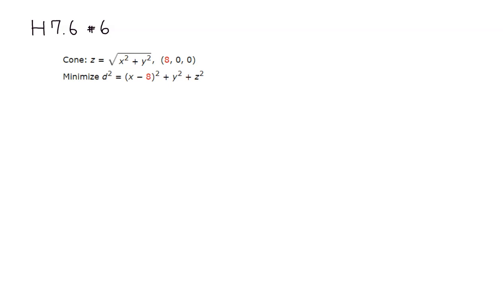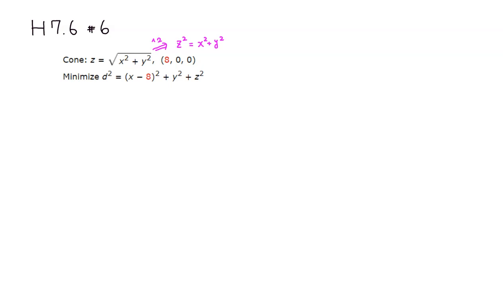In this case, it's probably better to rewrite this constraint. I'm going to square both sides, so you have z squared equal to x squared plus y squared. The reason I want to do that is that I do not want to deal with the square root, so I try to get rid of it.